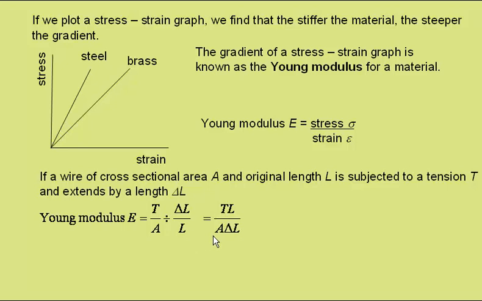We can rearrange this to give Young's modulus as the tension multiplied by the length, divided by the cross-sectional area, and divided by the extension.